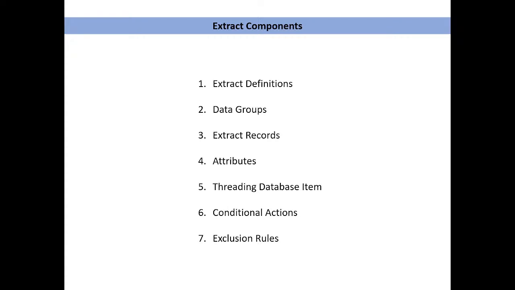So the second last component we have is a conditional action. A conditional action identifies the action to perform and optionally prints a message based on the outcome of a conditional expression or a predefined fast formula. Conditional actions are applied on the extracted data, similar to criteria conditions that are applied prior to extraction.